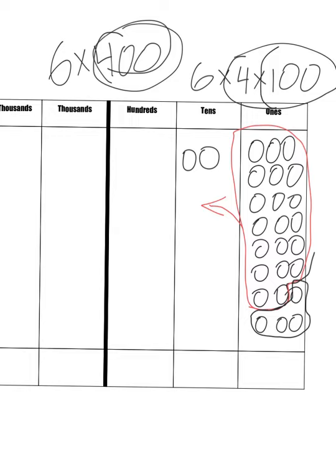Okay? So now we get to multiply by 100, because that's all we have left to do. So we've got our 24 put in here nicely, and now we need to multiply each by 100. So we can either move them over one space at a time and do it like this.